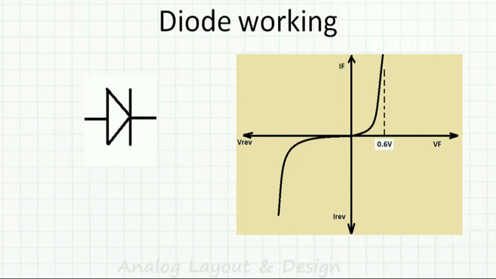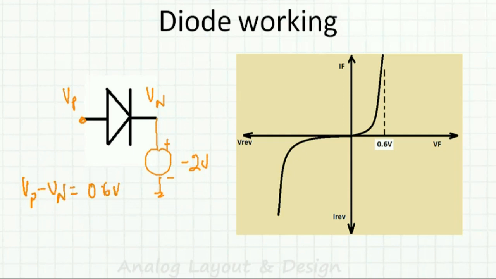Now we will look into one more example wherein I connect this to minus 2 volt. Then what should this voltage be? This is Vp and this is Vn. Again the requirement is Vp minus Vn should always be 0.6 volt.